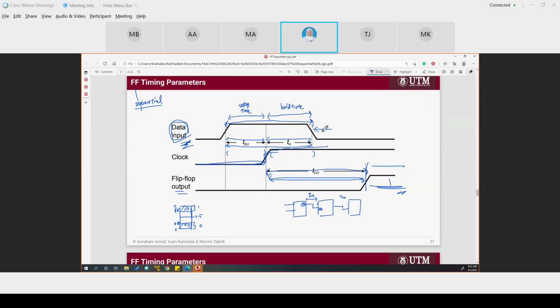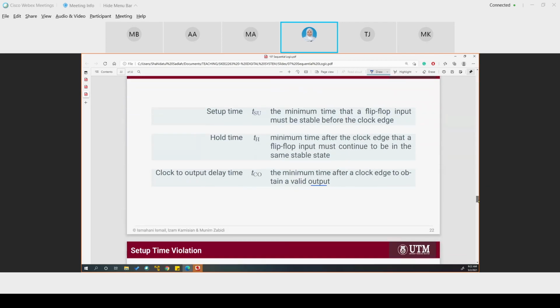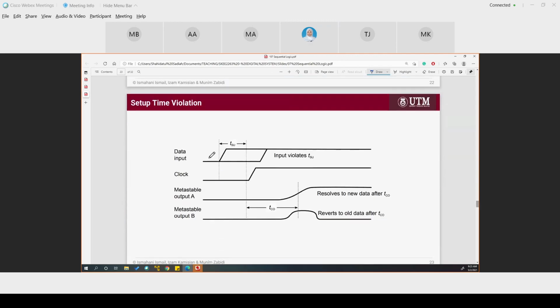After hold time finishes, this is the boundary, we can change the input. All right. Now let's check the setup time violation.